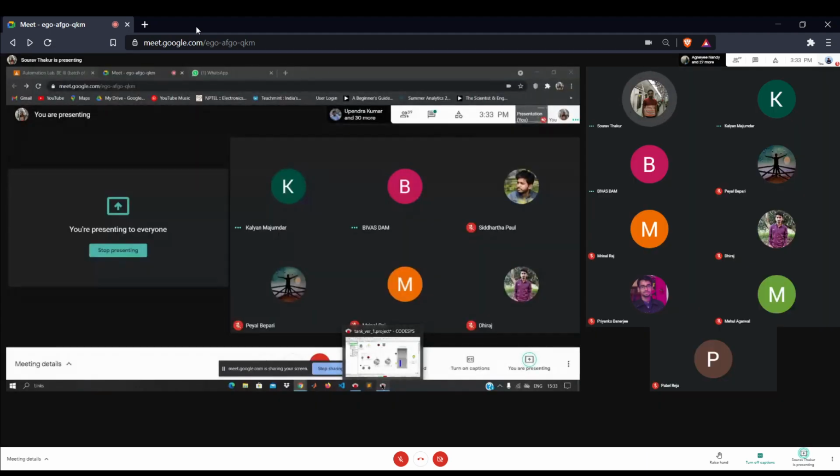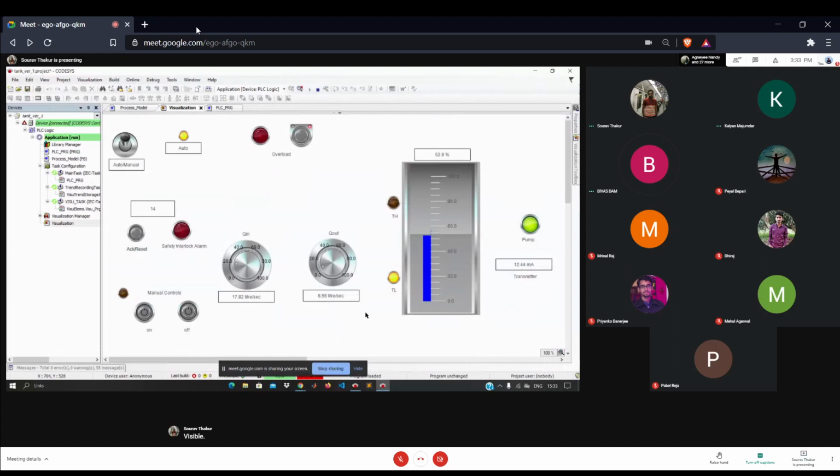So is it visible? Yeah. Okay. I have made tank filling version 2. What's your roll number? 5. Sir, currently it is in manual mode. This is the tank.